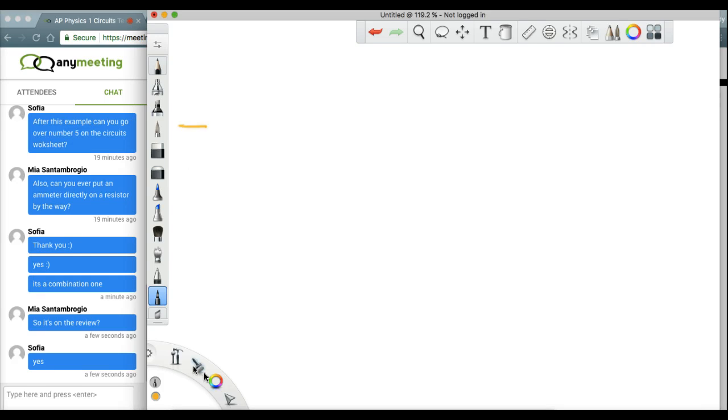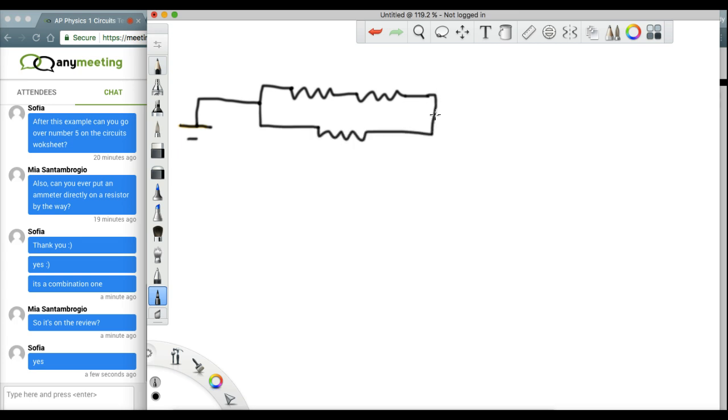It looks like we have, I'm going to change back to black. Looks like we have a battery, and then it splits into a parallel branch with R1 and R2 in series with each other. Then we have R3, it's in parallel with R1 and R2.